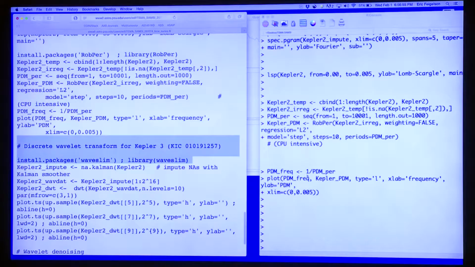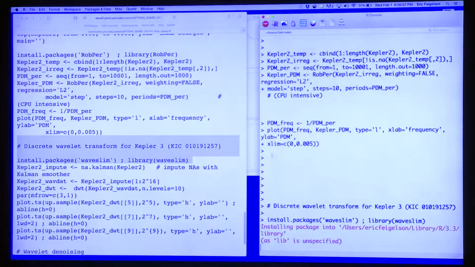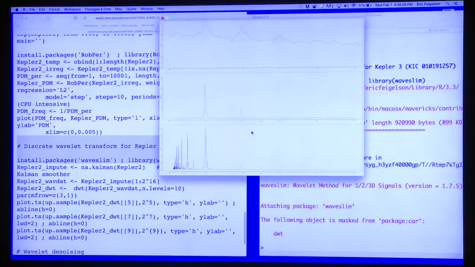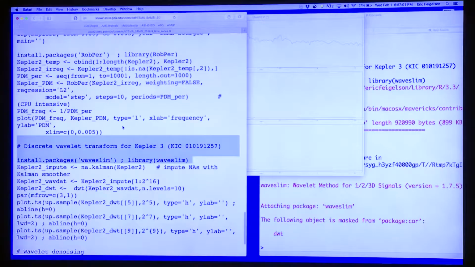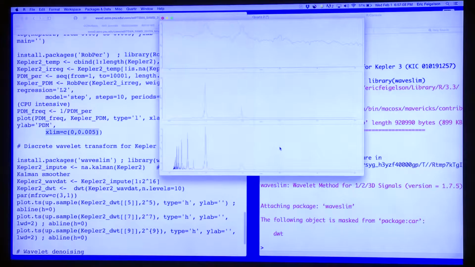So how do you decide the upper limit is 0.005? If I use a larger number? Oh, I think this is just the range of frequencies I just happened to plot. Okay. This is not a significance level. It's almost impossible to establish significance levels on any of these periodograms.